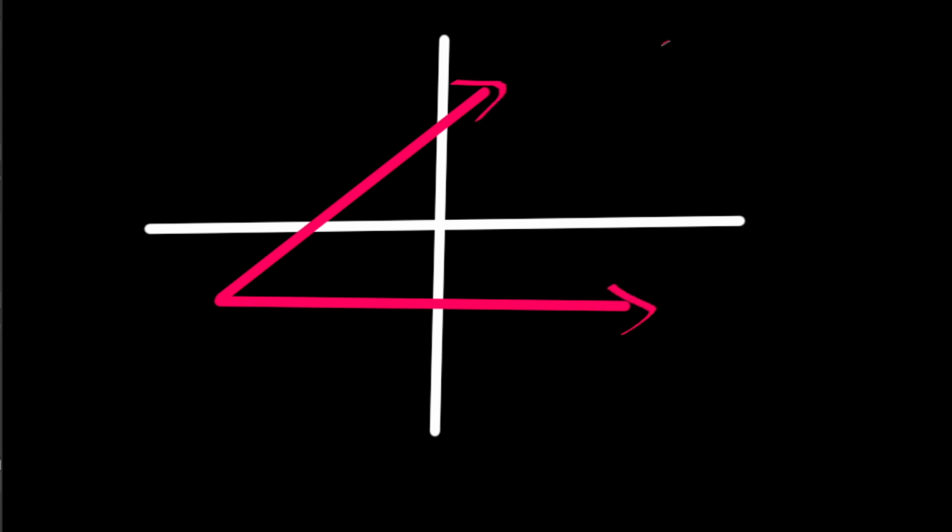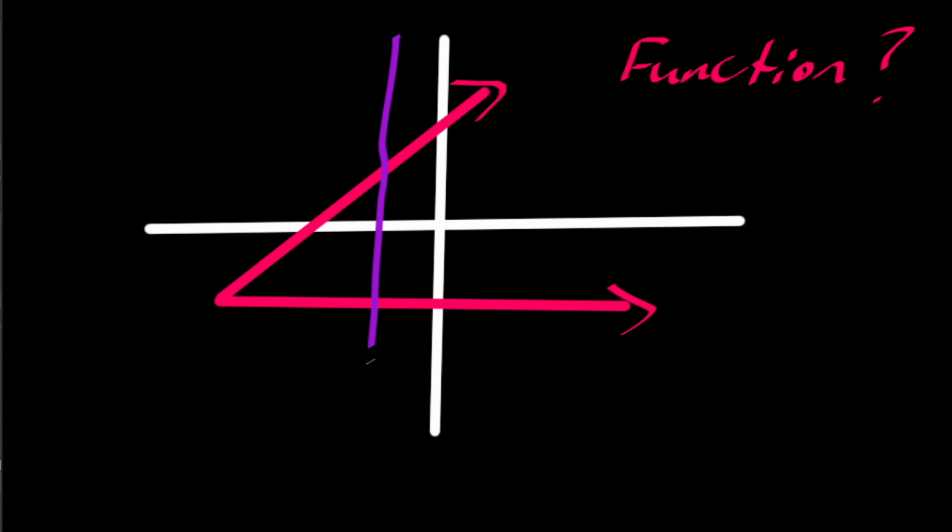So now I want to decide, is this a function, yes or no? And remember, we can use the vertical line test, and honestly, you only need one vertical line, because if you draw a vertical line straight down the middle of this, you can see I'm intersecting at two places. I'm intersecting here and here.